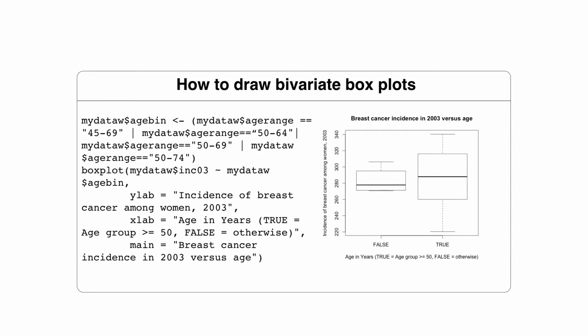That binary variable is drawn on the basis of whether the age group was 45 to 69, 50 to 64, 50 to 69, or 50 to 74, which means the age at which in these countries the government started screening women using screening mammography.